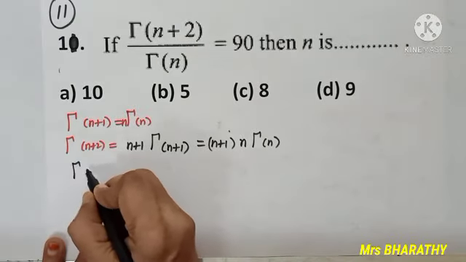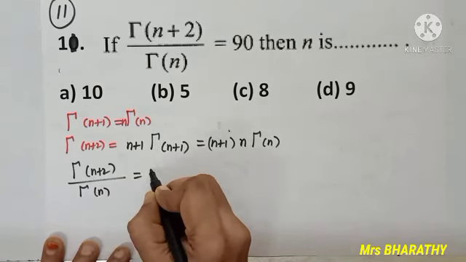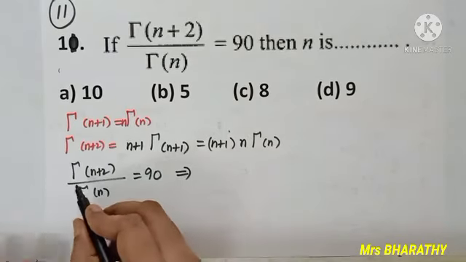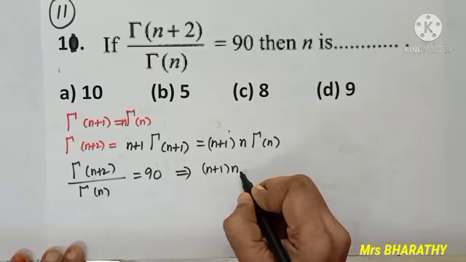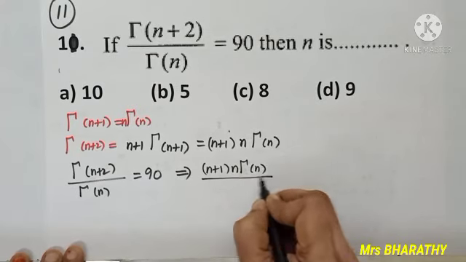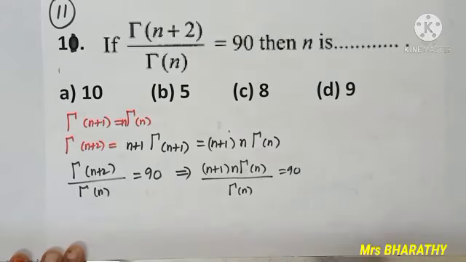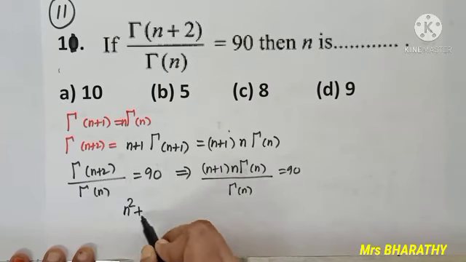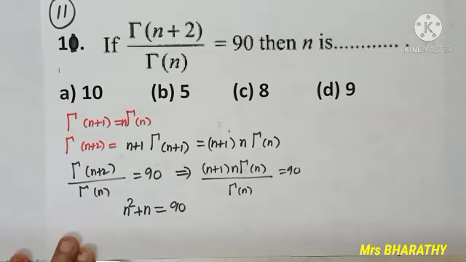Substituting this in the given question, gamma n plus 2 by gamma n is given as 90. Or I get, what is gamma n plus 2? N plus 1 into n gamma n divided by gamma n equals 90. As I cancel gamma n, let me multiply n into n plus 1. N square plus n equals 90.